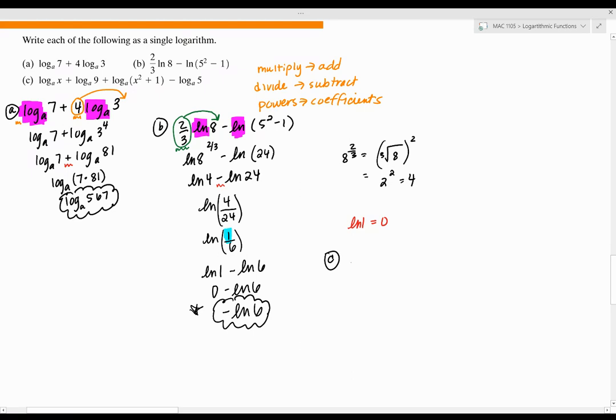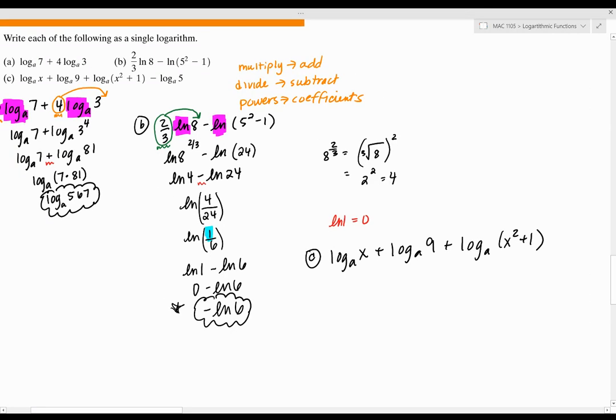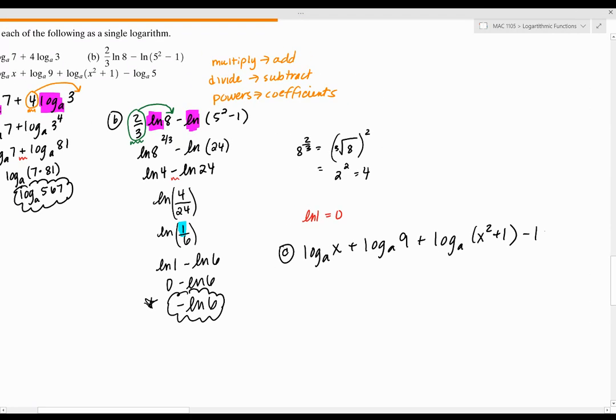All right, C says log base A of x plus log base A of 9 plus log base A of x squared plus 1 minus log base A of 5. Now this is a much longer problem.